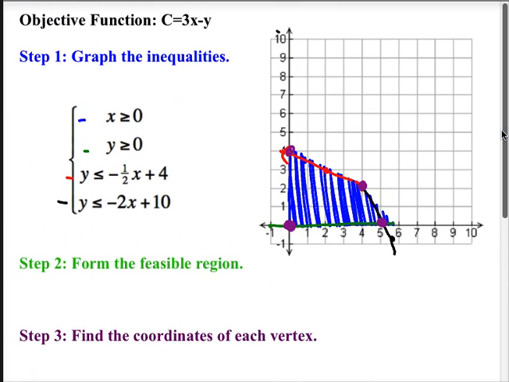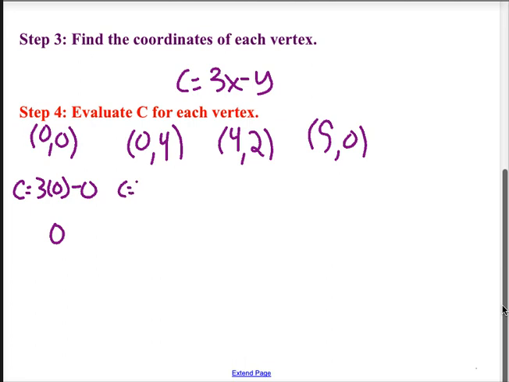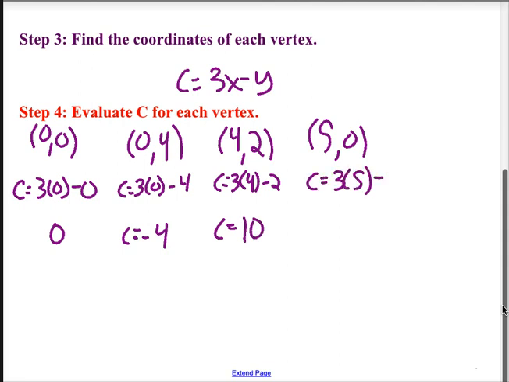and now I look at my objective function, 3x minus y. Here, 3 times x minus y just leaves me 0. 3x minus y gives me negative 4. 3x minus y, 12 minus 2 gives me 10. 3x minus y leaves me 15.